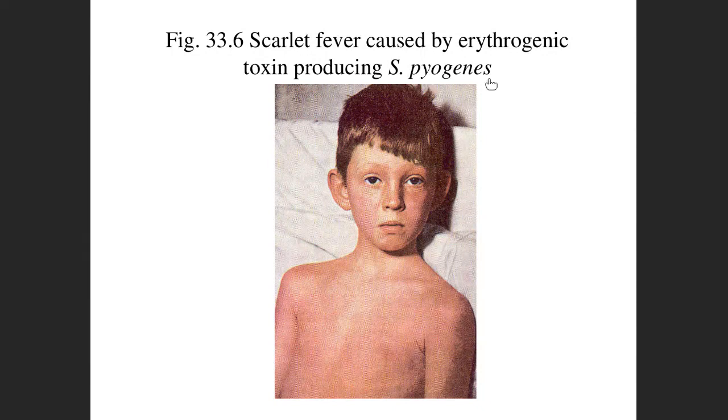What's also interesting is this bacteria doesn't always cause this kind of infection. It's only when this bacteria is infected by a phage, and a bacteriophage lysogenizes, or incorporates into the genome of this bacteria. And then this bacteria is producing this toxin.